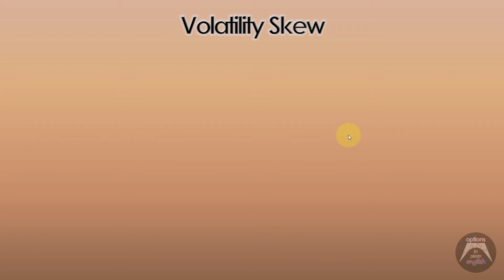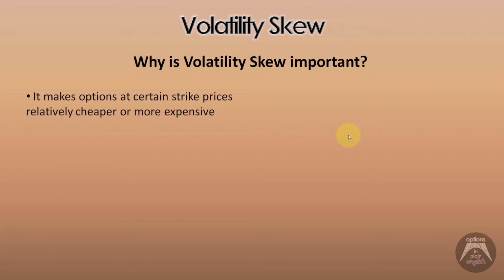Now, based on all the things that we saw today, why is volatility skew important to us? Well, it makes options at certain strike prices relatively cheaper or more expensive. The ones that have a higher implied volatility, relatively speaking, are going to be more expensive than the ones that have a lower implied volatility. Now remember, there's also strike price, stock price, and time to expiration, which is going to be the same because we're analyzing the same expiration.